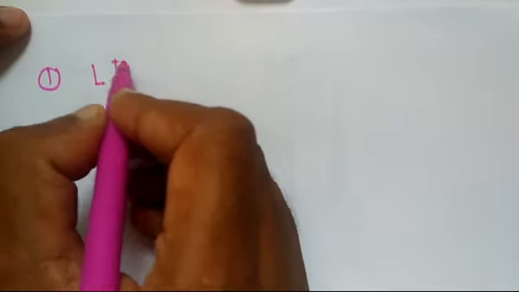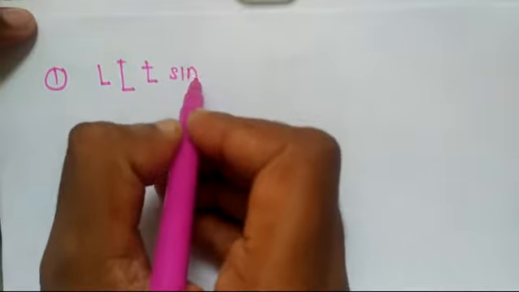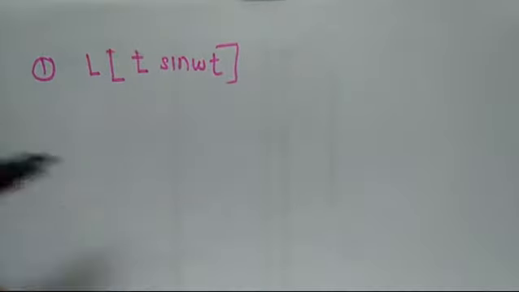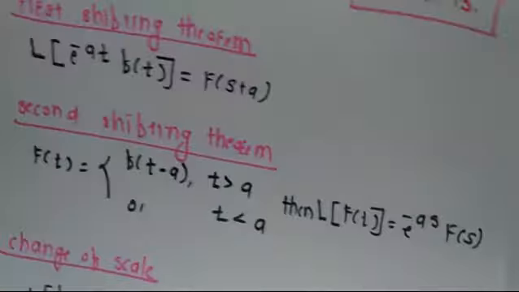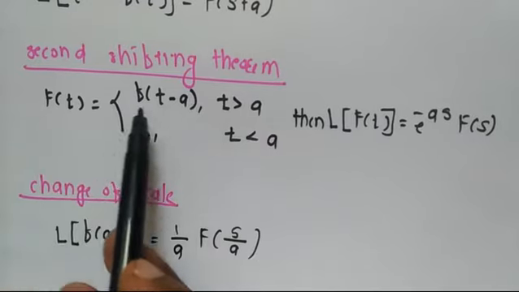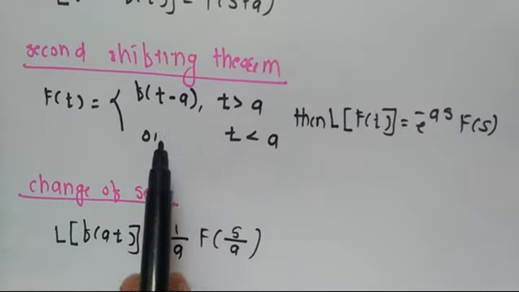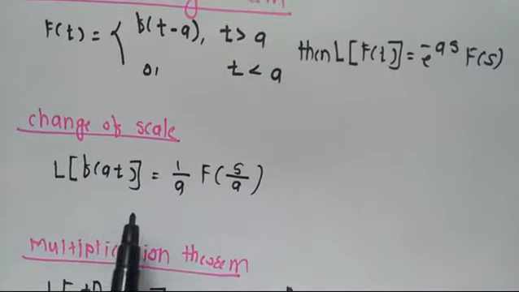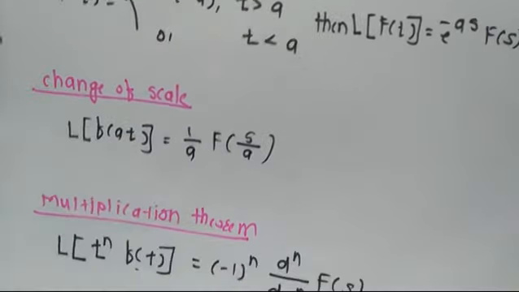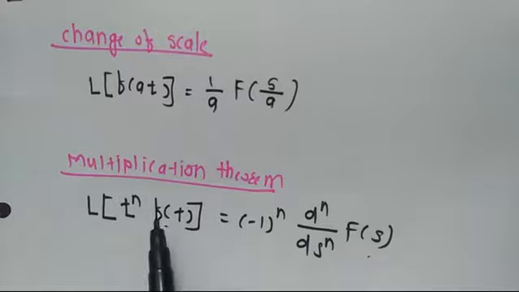Laplace transform of t into sin wt. For this, no other theorem is useful. First shifting theorem is not useful. The second shifting theorem requires small f of t minus a, and the other is 0. Change of scale requires t multiplied by a constant. But the multiplication theorem is useful for this.